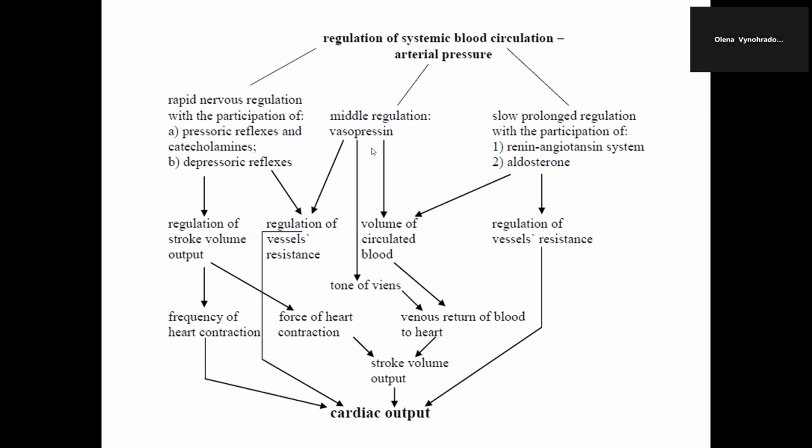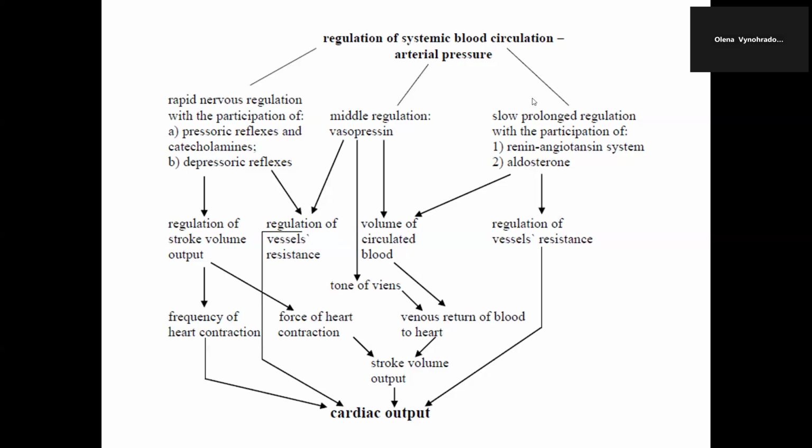Middle regulation of arterial pressure happens because of the hormone vasopressin, or antidiuretic hormone. This is a hormone of the hypothalamus-hypophysis system. Vasopressin induces reabsorption of water and increases the volume of circulating blood, and also increases the tone of vessels, increases resistance, and influences the tone of veins.